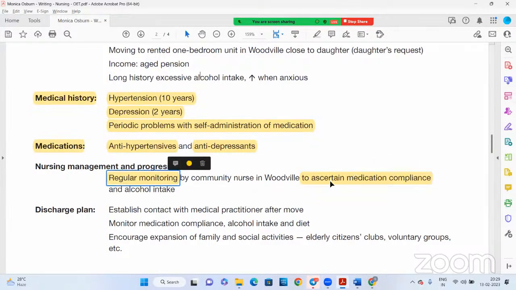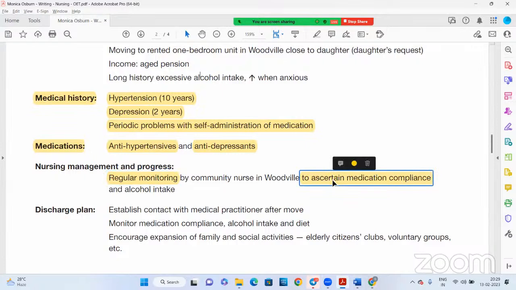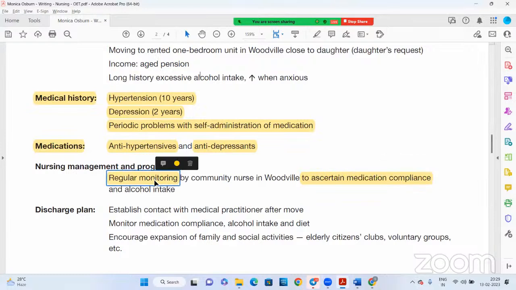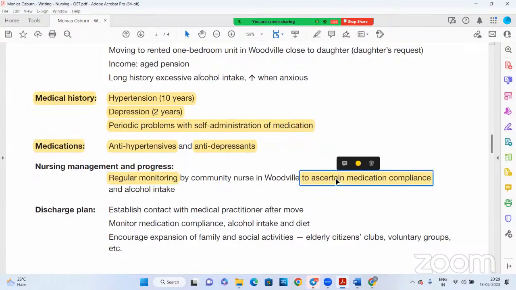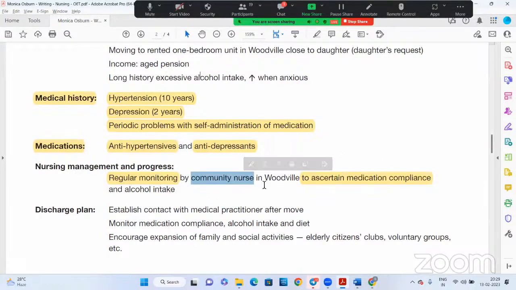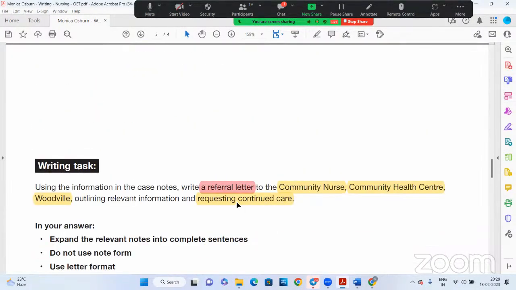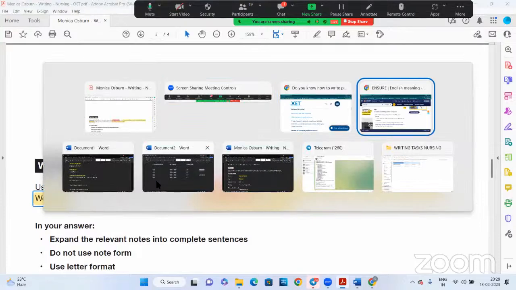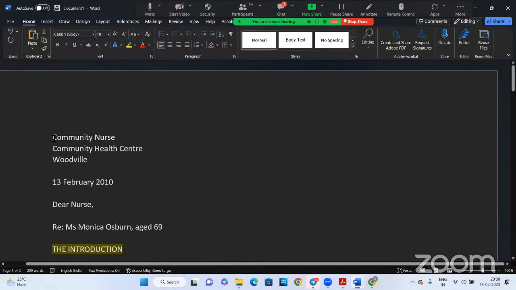If you are regularly monitoring, that means you are ascertaining. Regular monitoring to ascertain medication compliance. So you are the community nurse and you are in Woodville. No need to repeat this, because we have already mentioned in the beginning of the letter that you are the community nurse in Woodville.